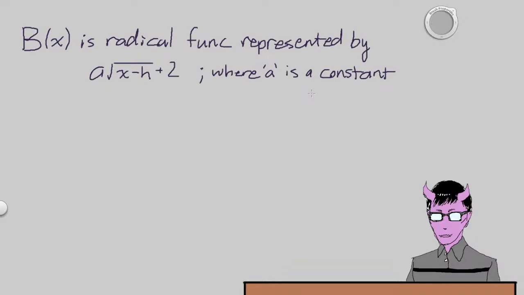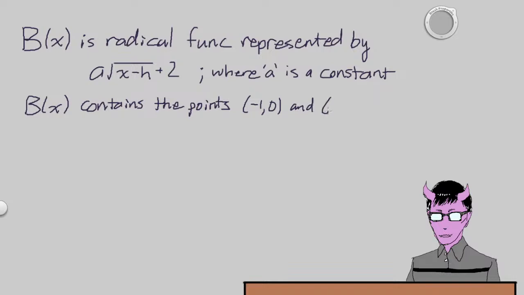What else are we given? And we have b of x contains some information. So b of x contains the points -1, 0, and another one, which is 3, 2.